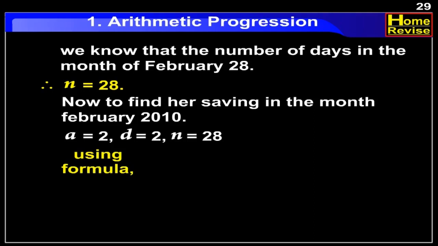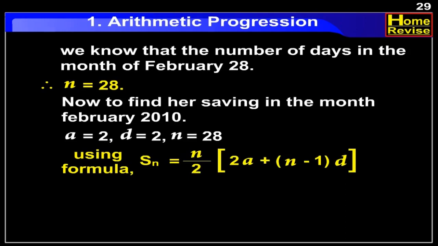Using the formula Sn is equal to n upon 2 (2a plus (n minus 1) into d).